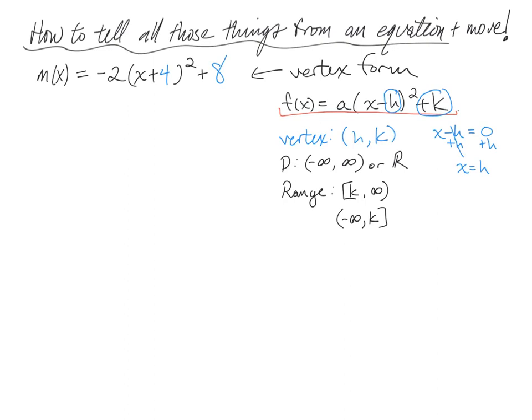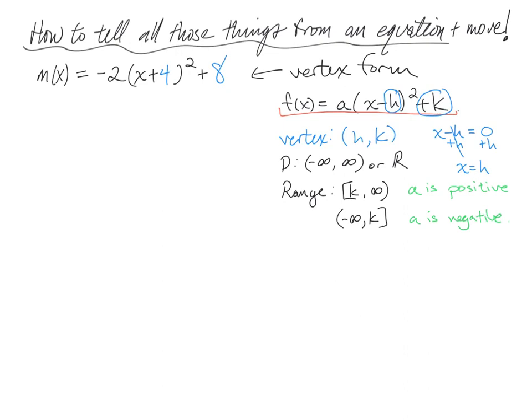So if a is positive, then we know the range will look like this, k to infinity. But if a is negative, then the range will look like negative infinity to k. So we have to include the a value when we figure the range.